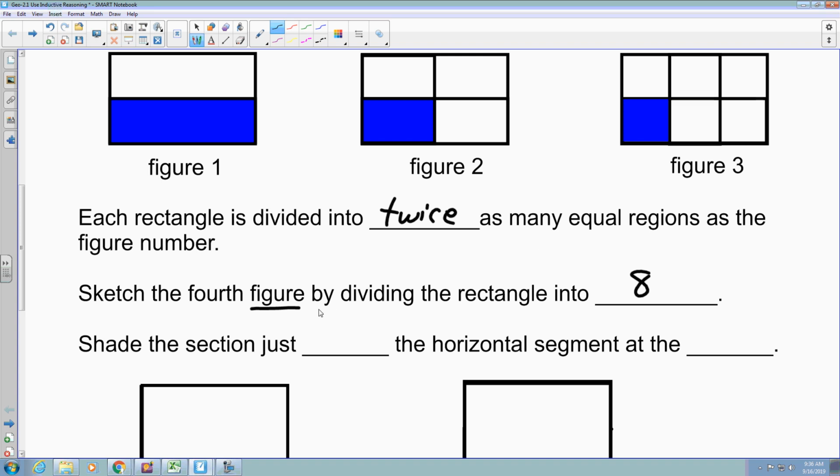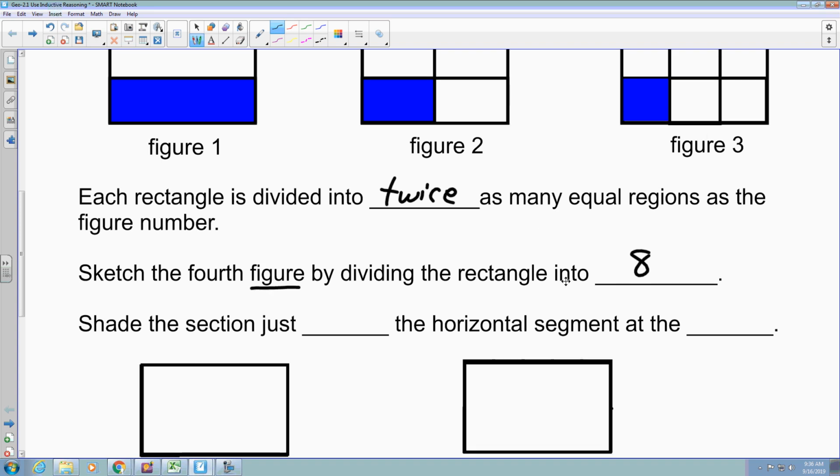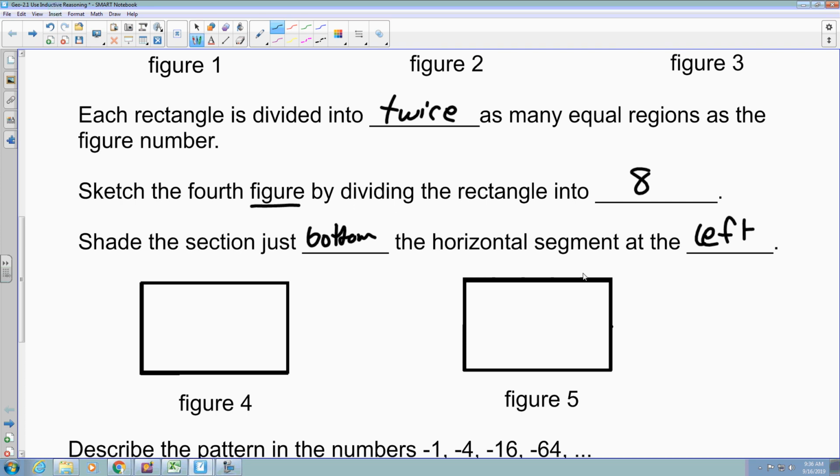And then from here, some more observations we look at. The shaded region appears to be on the bottom, and from figures 1, 2, and 3, the shading is to the left. So what we're asked to do now is to figure out what figures 4 and 5 are going to look like from figures 1, 2, and 3.